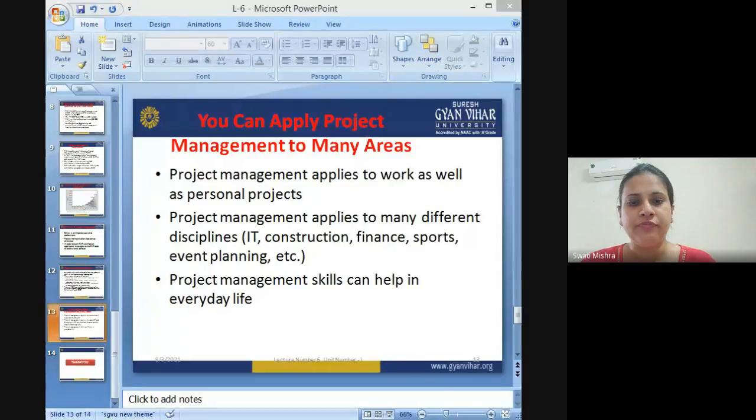So, whenever the Olympics or any such big sporting event like the Commonwealth Games and other such big events are held in any country, a lot of planning and a lot of project management techniques, the actual application of project management techniques, is required there.